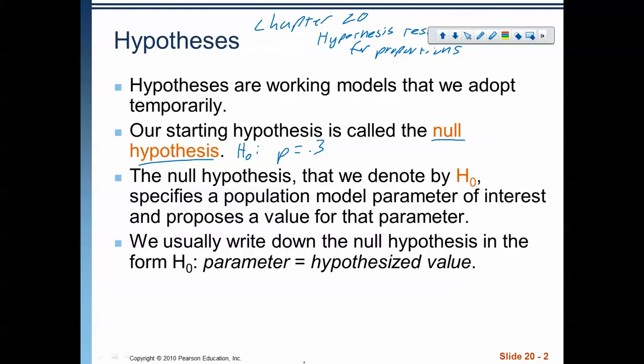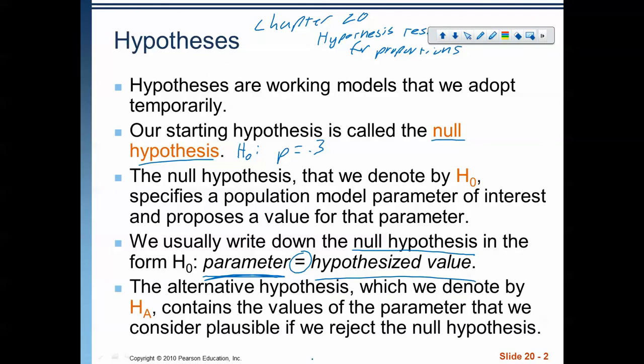And like it says right here, when we're dealing with the null hypothesis, we always write it in this form. Whatever the parameter is, in this case p for our population proportion, we use the equal sign, and then whatever the hypothesized value is, in this case 0.3. So my null hypothesis is a starting working model. I'm adopting it temporarily: 30% of M&Ms are blue.